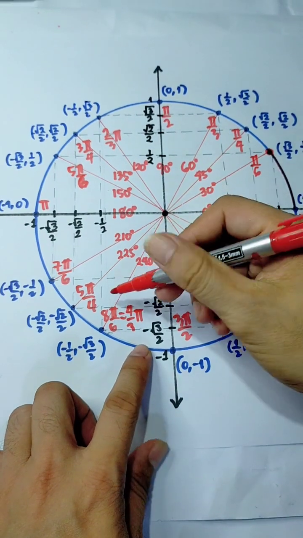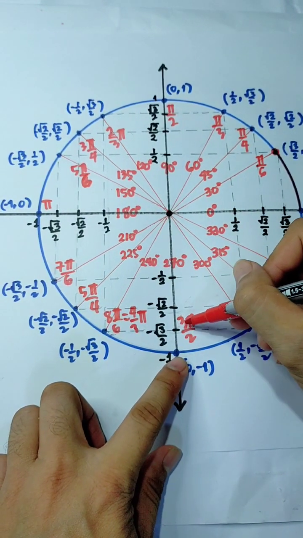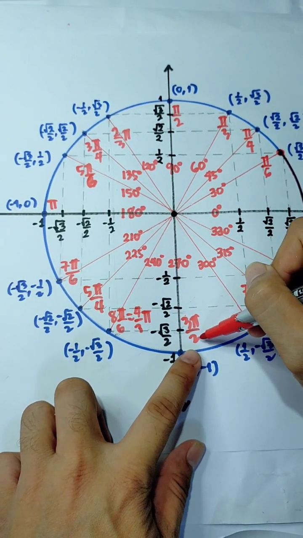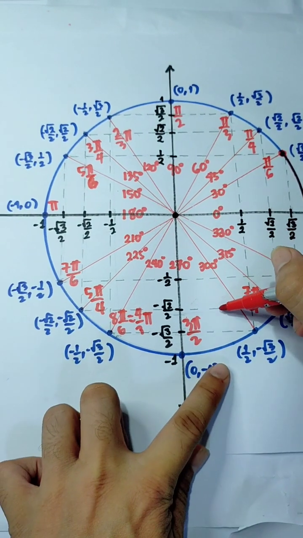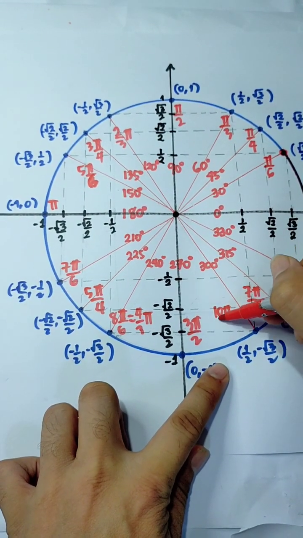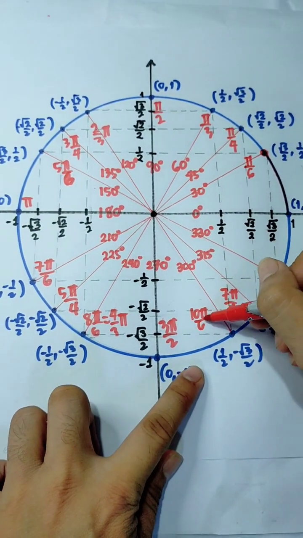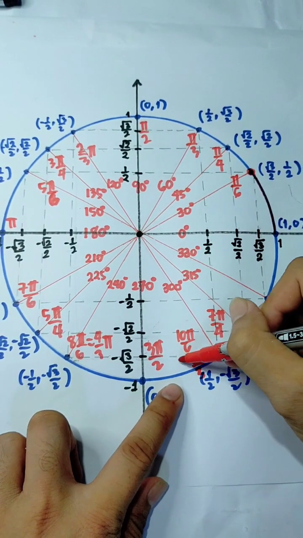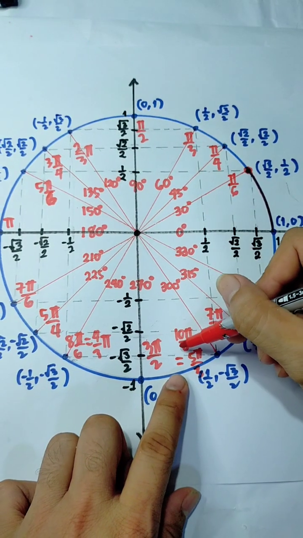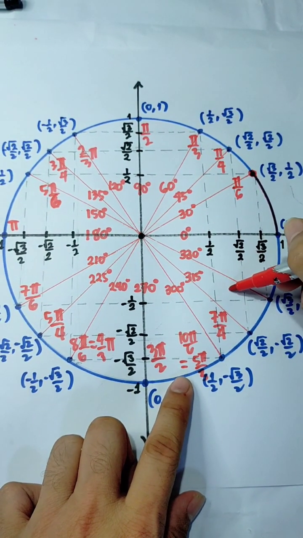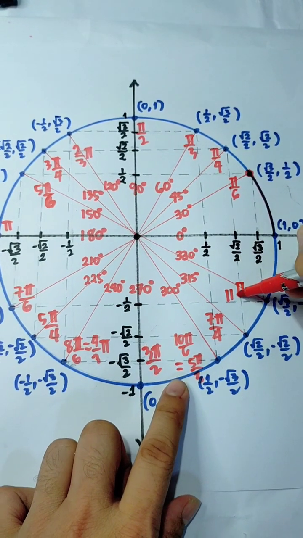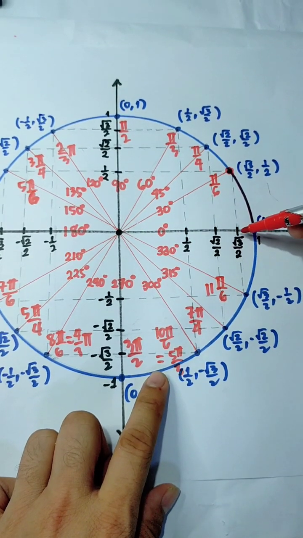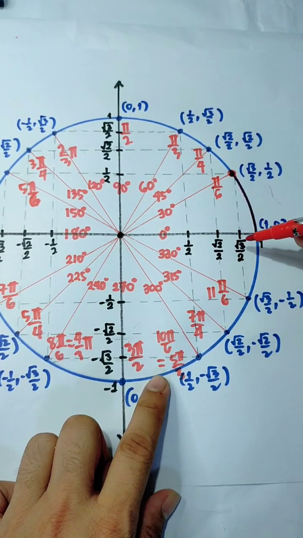And this is 9 of pi over 6, so 9 pi over 6 is 3 pi over 2. And then this is 10 of pi over 6, that is 5 pi over 3. Then let's move here, 11 of pi over 6, and this is 12 of pi over 6, which is equal to 2 pi.